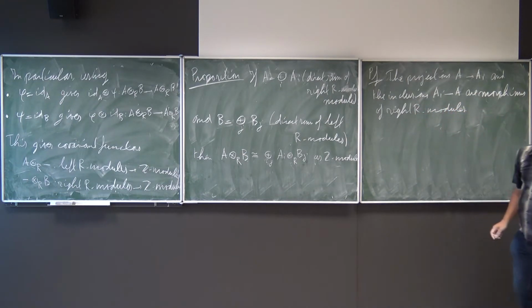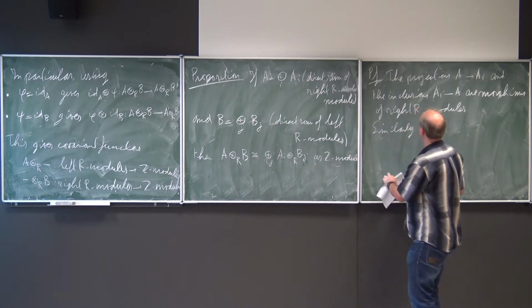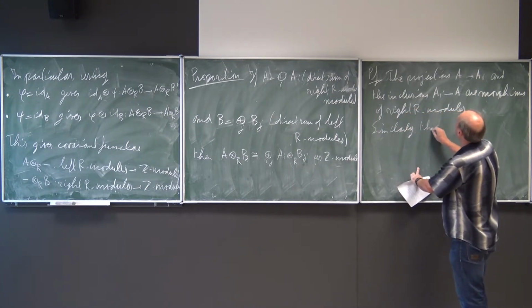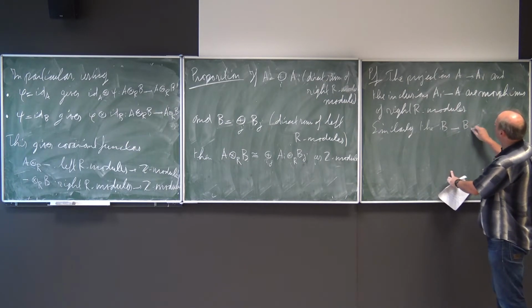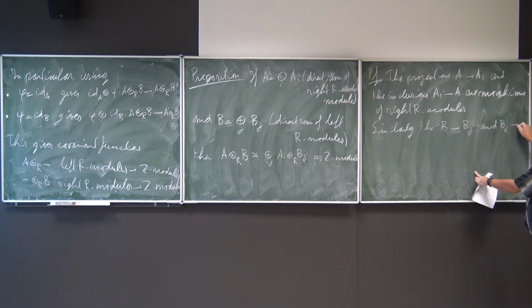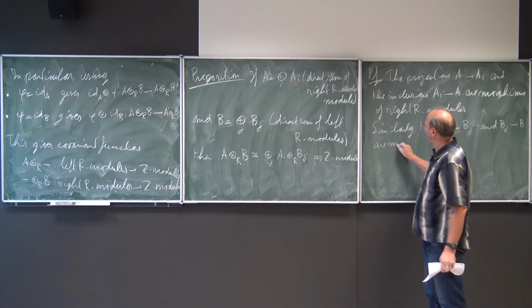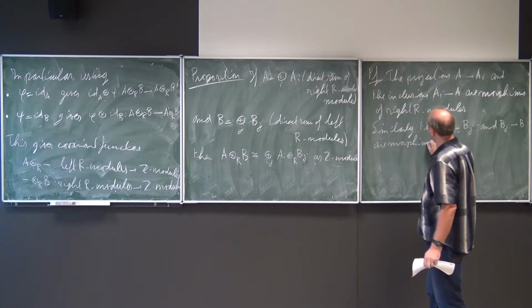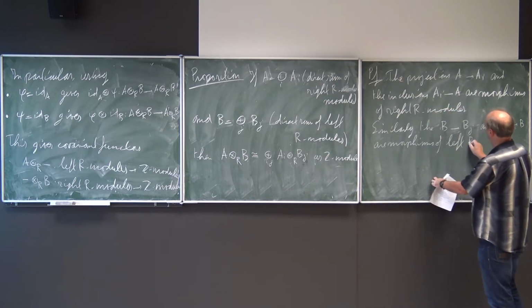Well, that's the story for the A, and of course, you have something like this for the B. So similarly, let me be slightly shorter. So I map here projection B to Bj, and the inclusion Bj to B are morphisms of left R modules.